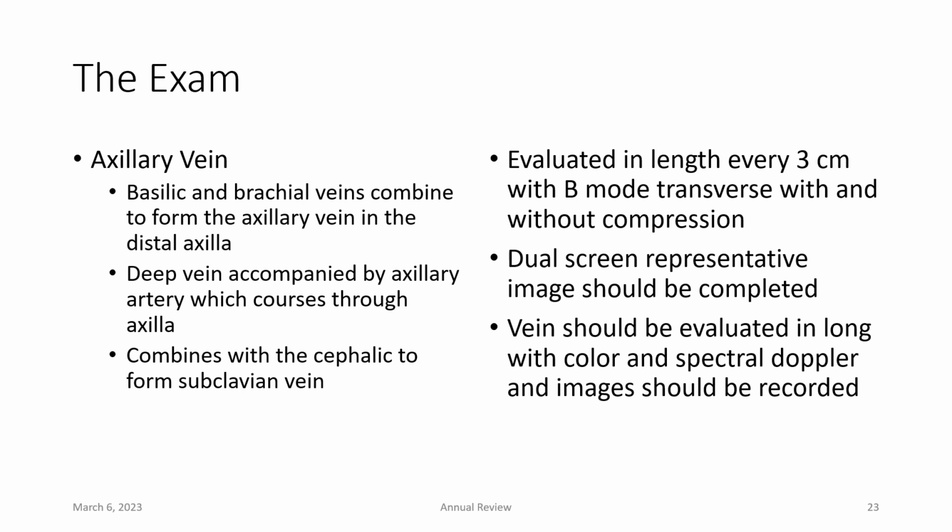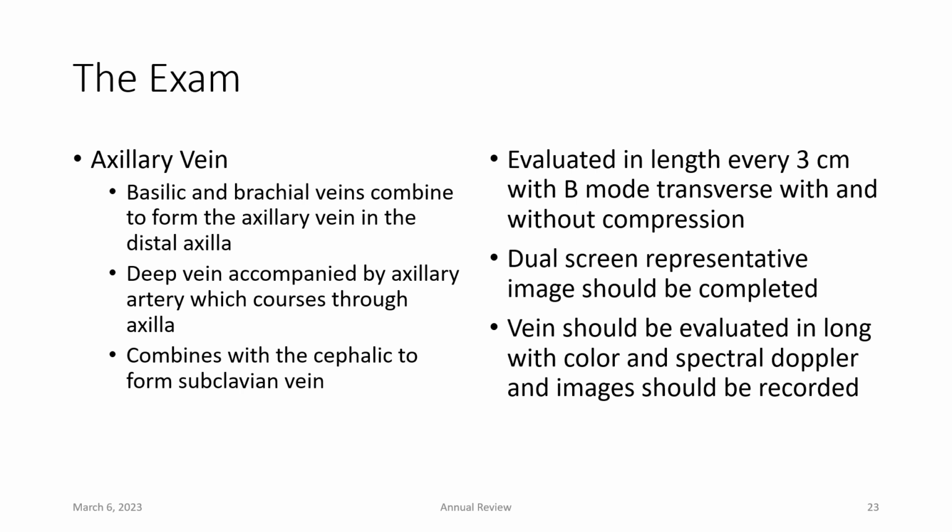So the axillary vein is formed from the basilic and brachial veins that combine to form this axillary vein right in the distal axilla. Then that axillary vein is going to come proximally and superiorly through the axilla region, and then it's going to meet with that cephalic vein and develop the subclavian vein.